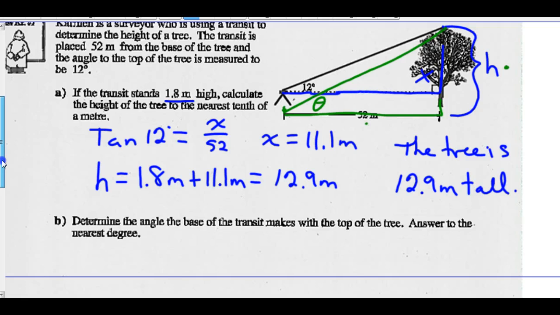So again, the trig ratio that uses opposite and adjacent is tangent. So tangent of angle theta is the height of the tree, which we just found to be 12.9 meters, divided by the adjacent side, which is 52 meters. So you go on your calculator, second function tangent, 12.9 divided by 52, and come up with an angle of 14 degrees. So from the base of the transit to the top of the tree is 14 degrees.